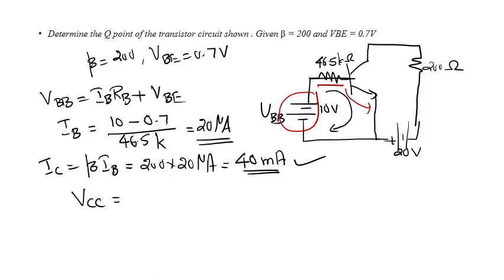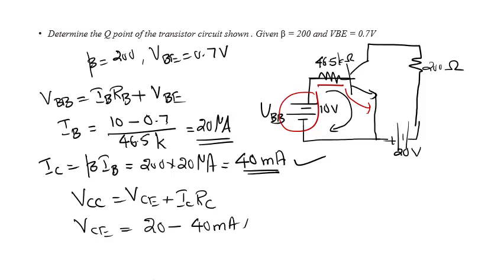So VCC equal to VCE plus IC RC. So VCE will be equal to VCC minus IC RC. VCC is equal to 20 and IC is equal to 40 milliampere, into RC equal to 200.